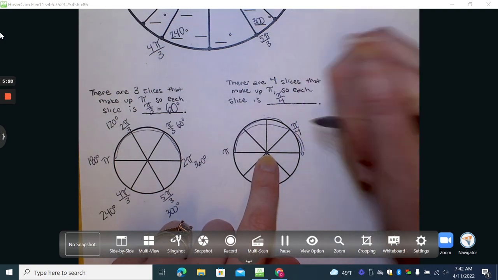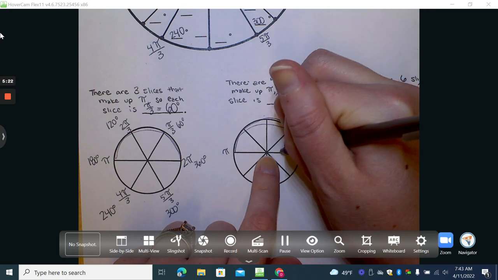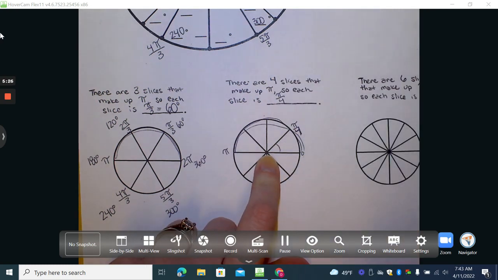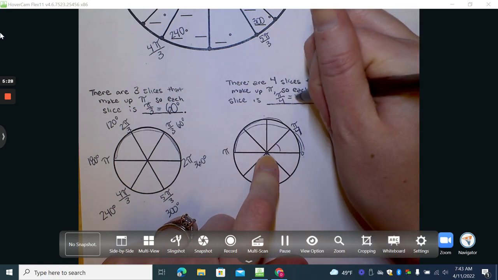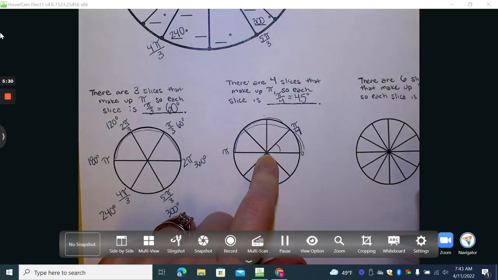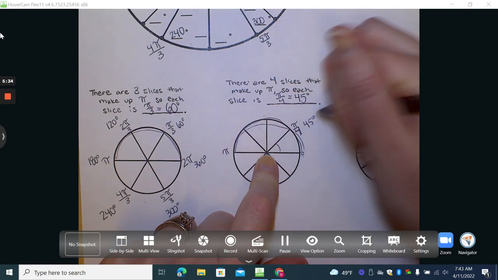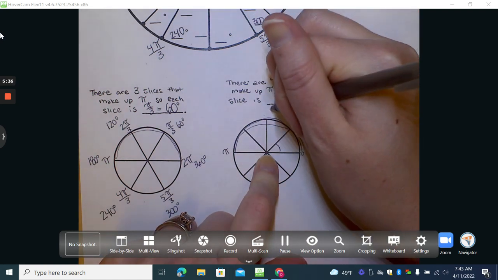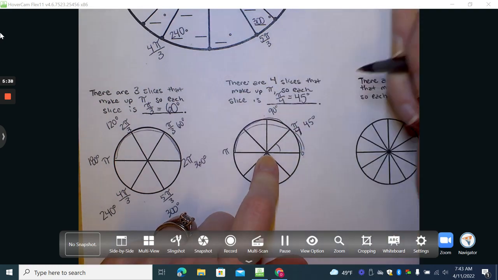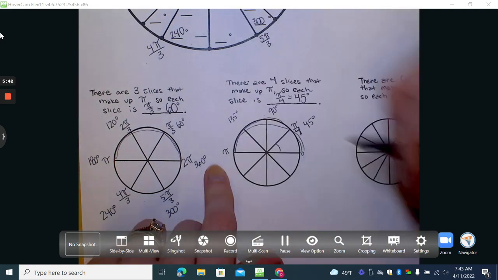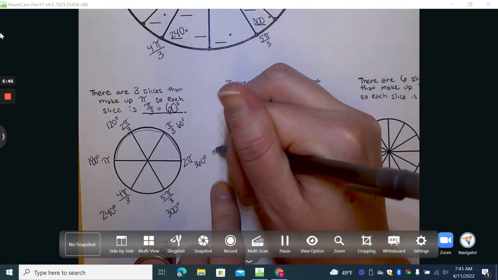The amount of degrees it takes to get from 0 to pi over 4 is 45 degrees. So this is 45 degrees. I have 90 degrees and 135 degrees, and then all the way back over at 180 degrees.